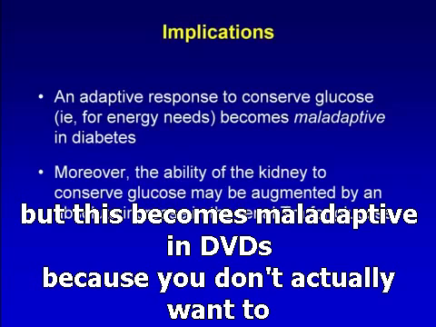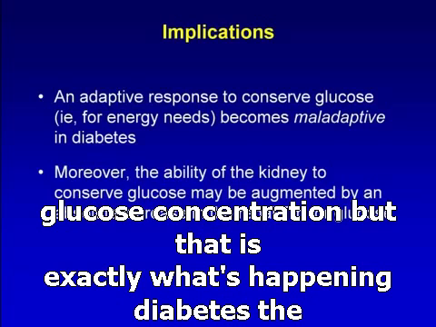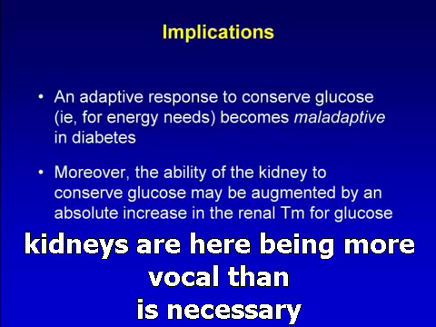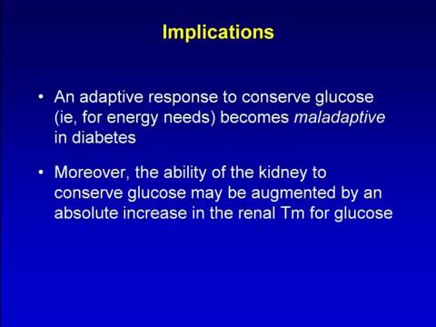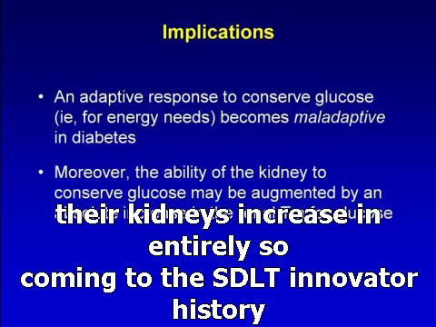But this becomes maladaptive in diabetes, because you don't actually want to conserve the glucose, since that would increase your plasma glucose concentration. But that is exactly what's happening in diabetes. The kidneys are reabsorbing more of the glucose than is necessary. Also, this ability is increased because the renal tubular maximum for glucose is increased in diabetes.